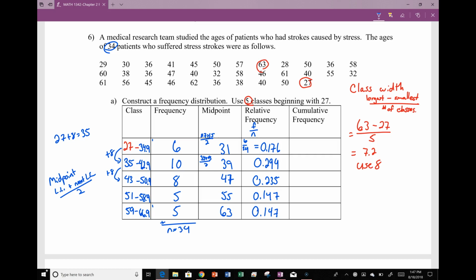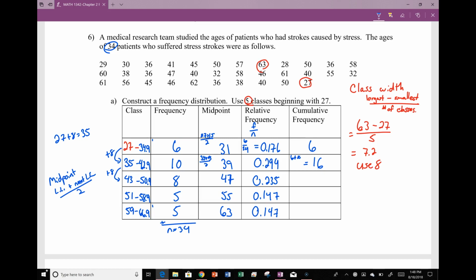Our last column that we're looking at in this particular frequency distribution is the cumulative frequency. Cumulative frequency means how many data values are there up to that point. So up to 34.9, there are 6 data values. Up to 42.9, there are 6 plus 10 data values for a total of 16.